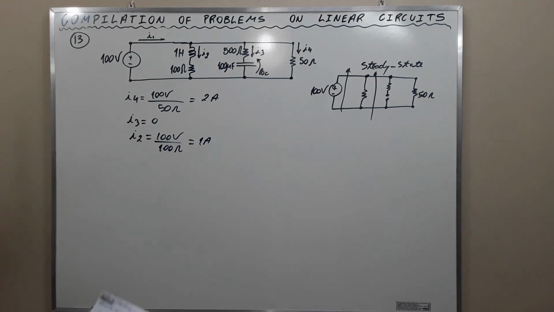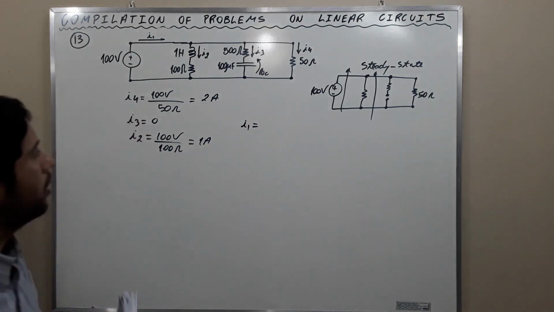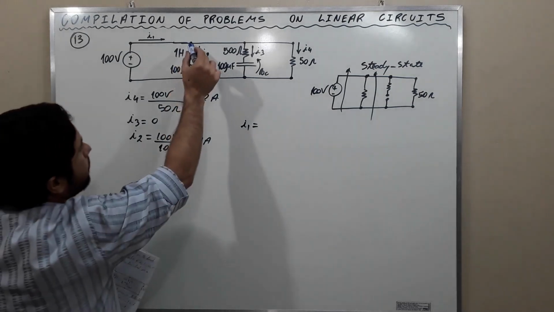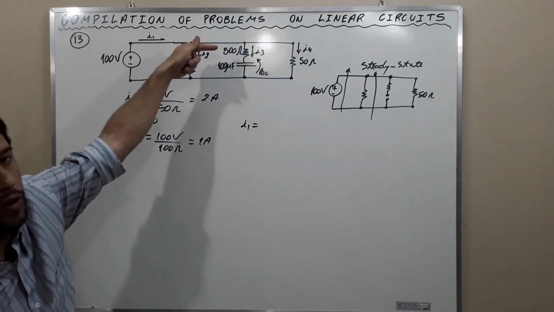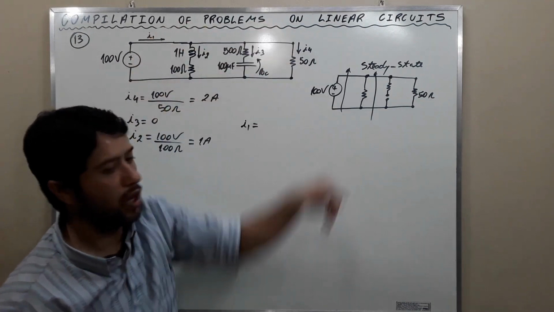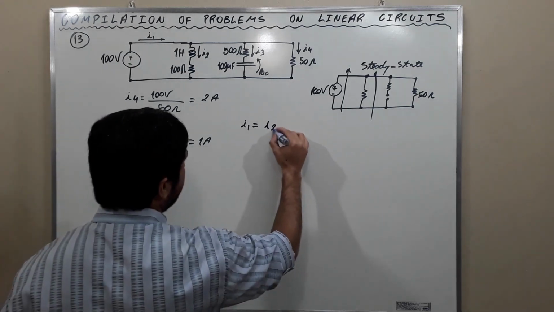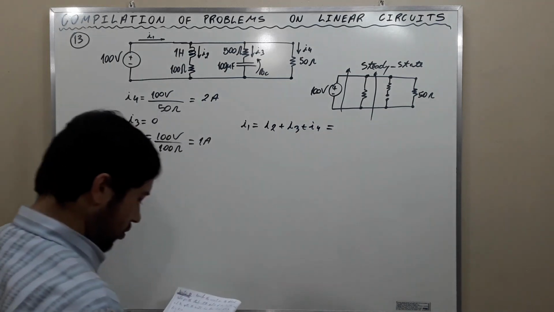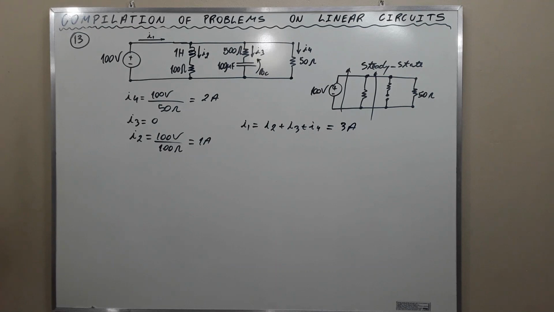And I1 is the sum of the currents because we have a node here. The current that enters the node is equal to the sum of the currents that leave the node. So I1 is equal to I2 plus I3 plus I4, and this is equal to 3 amps.